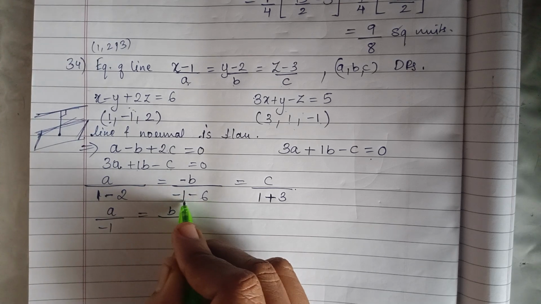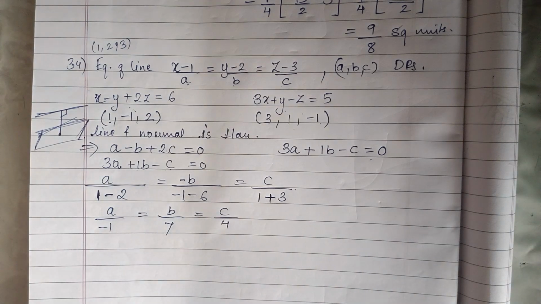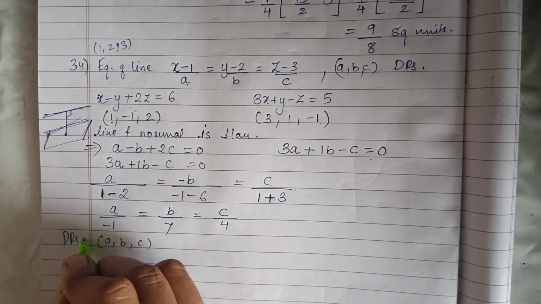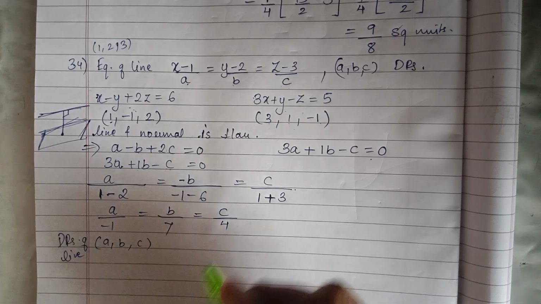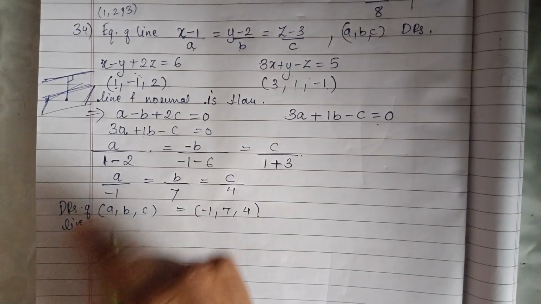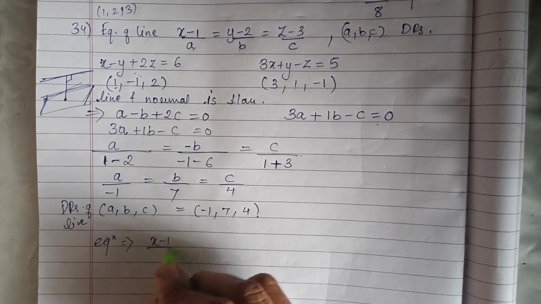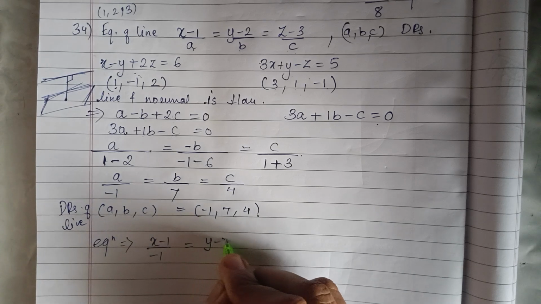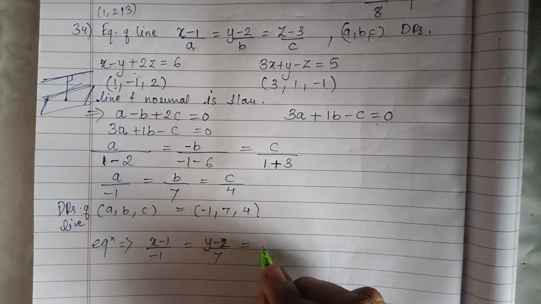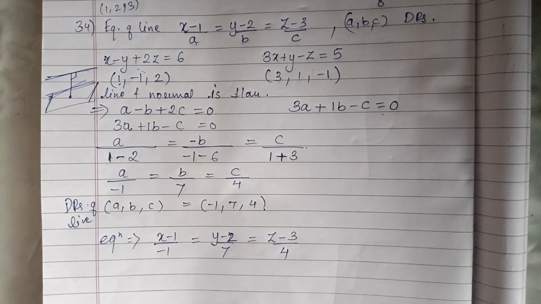This will be minus 7 and this minus and minus gets cancelled. Okay, so the direction ratios of the line are minus 1, 7 and 4. So the equation becomes, okay.